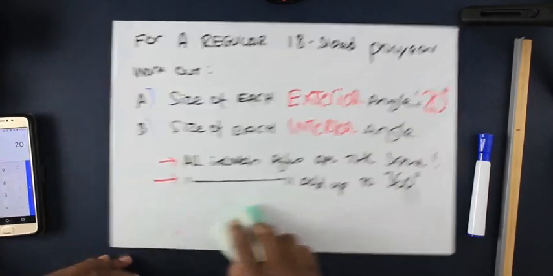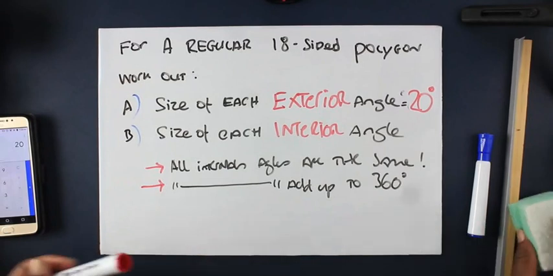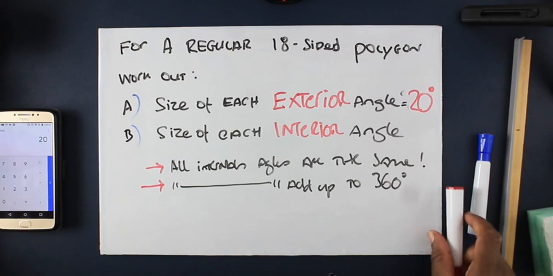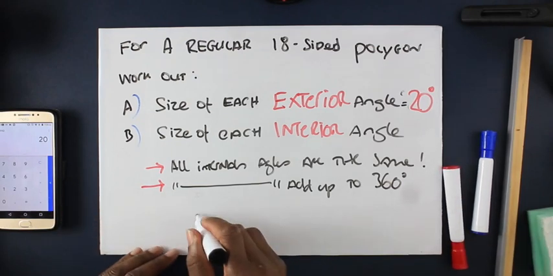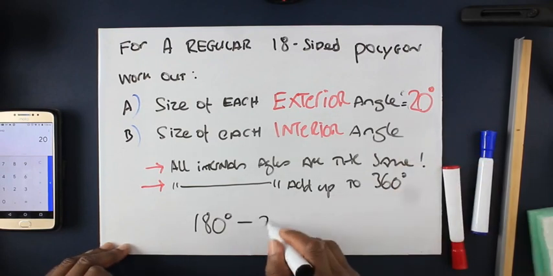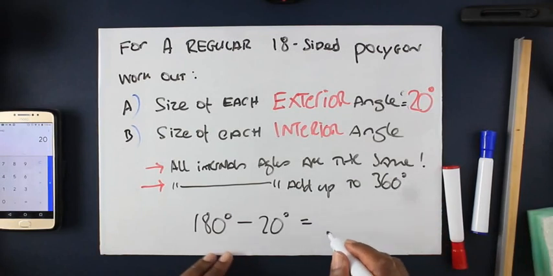So, sorry, let's do that. 180 minus the exterior angle, which is 20 degrees, must equal the interior angle.